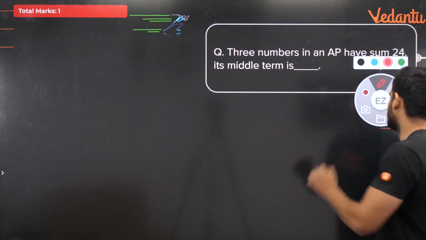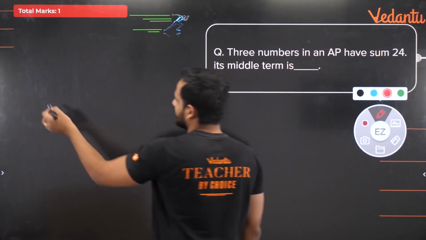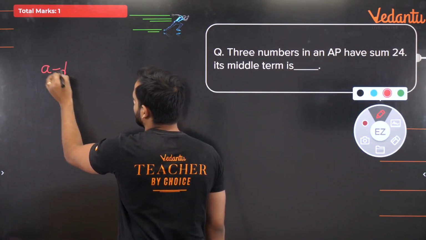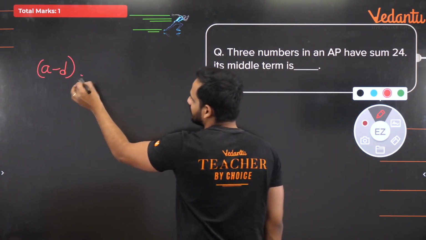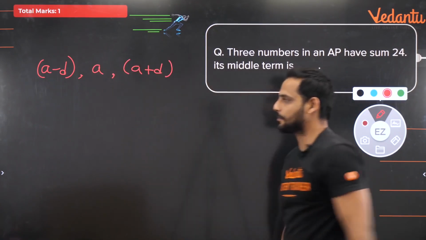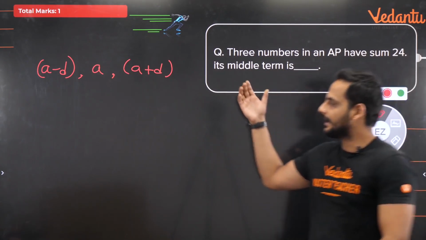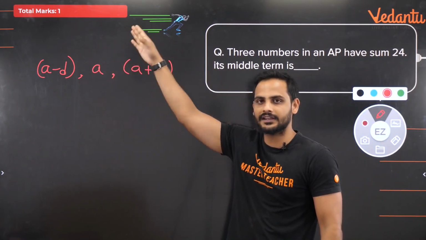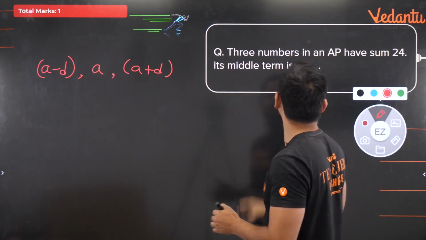So beta, whenever these three-term questions come, you can say, let's say the first term is a minus d, the second term is a, and the third term is a plus d. Again, this is an AP only, but to make my calculations easier, I have changed it into the form of a minus d, a and a plus d. This is an AP. Now their sum is given as 24.